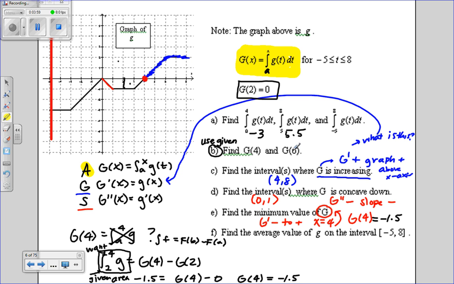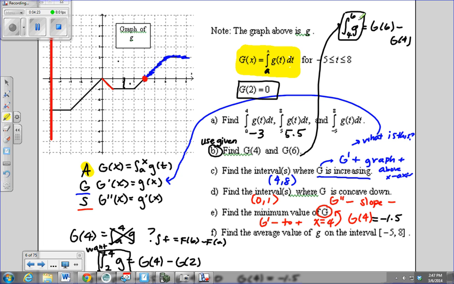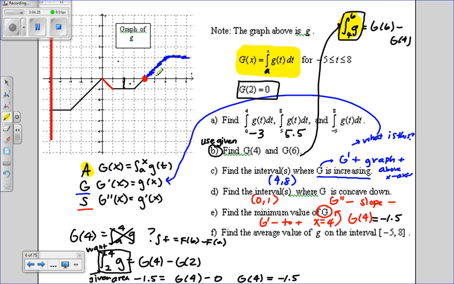To do G of 6, you can either do G of 4, since we know that now, or G of 2. I'll do G of 4 just to show you a different one. So to find G of 6, we can do 4 to 6. Little g is big G of 6 minus big G of 4. This means the area. So what's the area from 4 to 6?